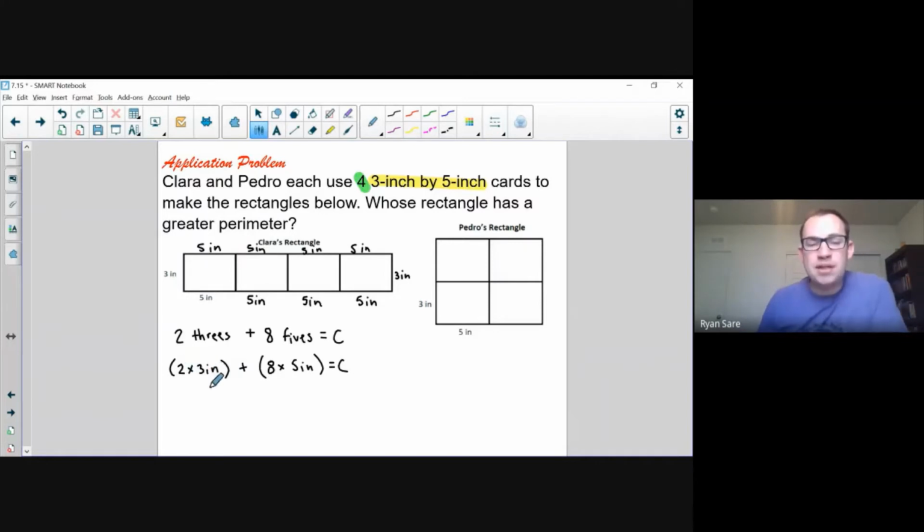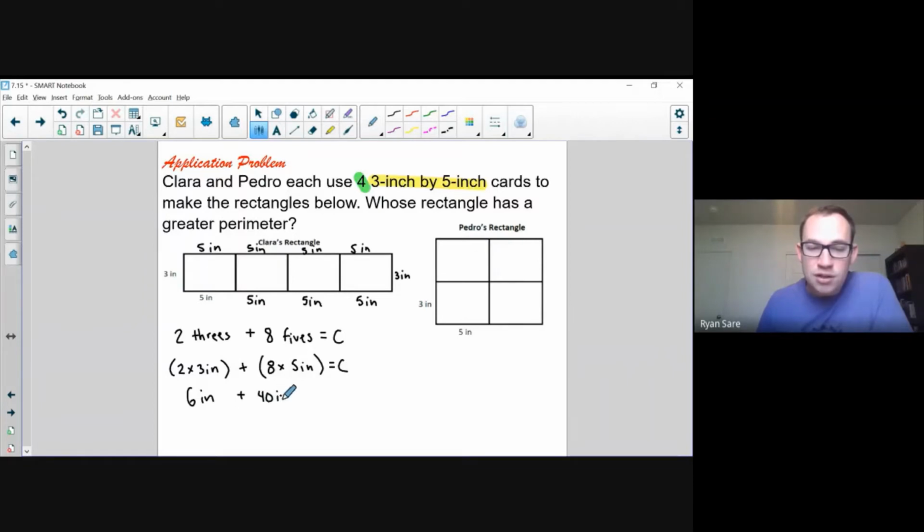2 times 3 is 6. So this is going to be 6 inches. And then 8 times 5. I'm going to do by 8s. So 8, 16, 24, 32, 40. If I would have done it by 5s, I would have gotten the same thing.